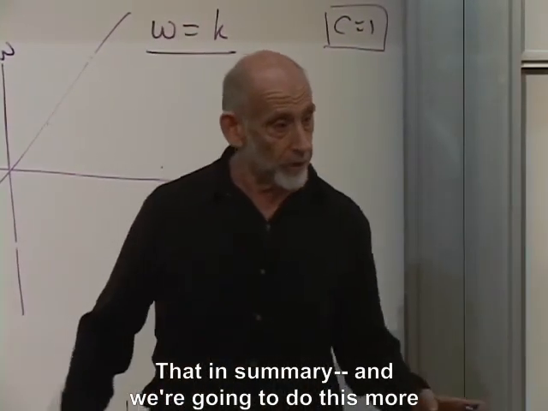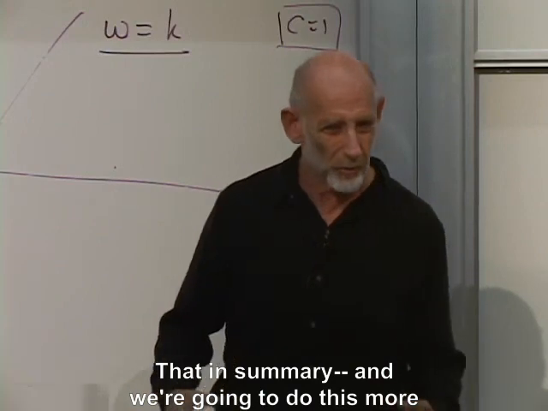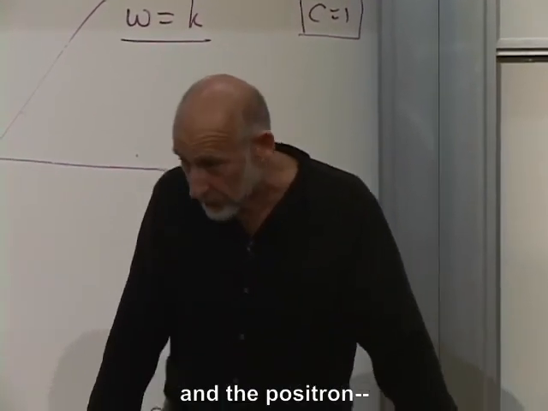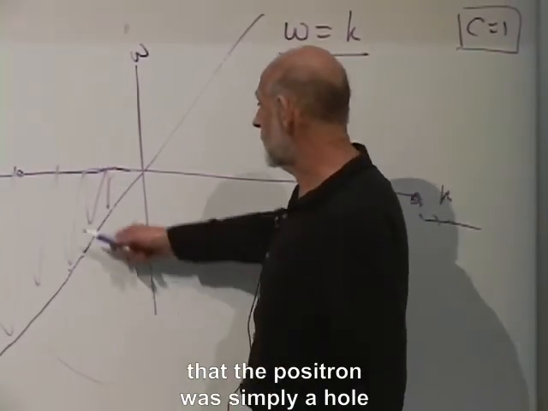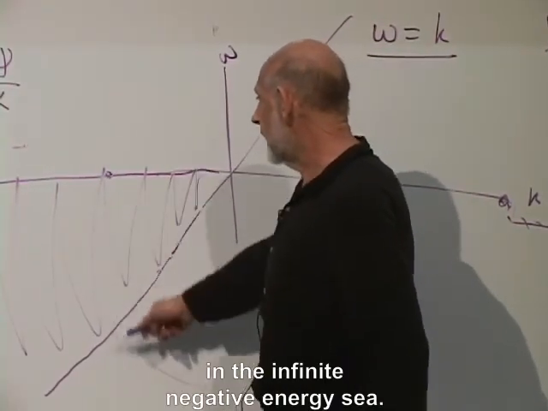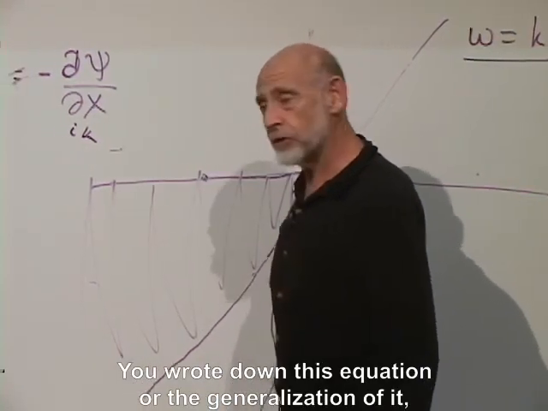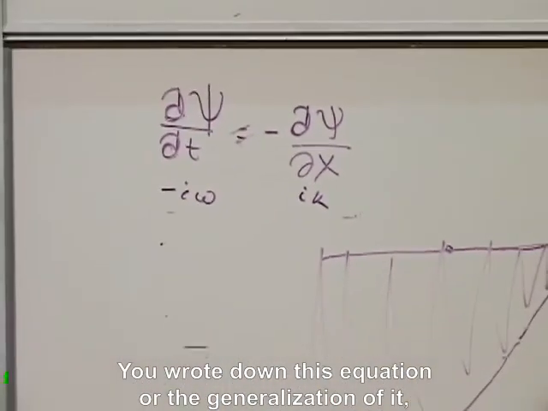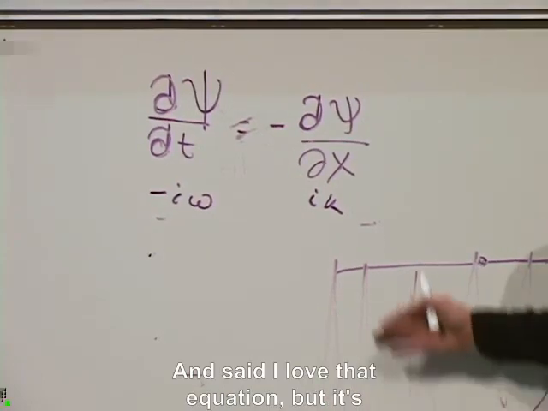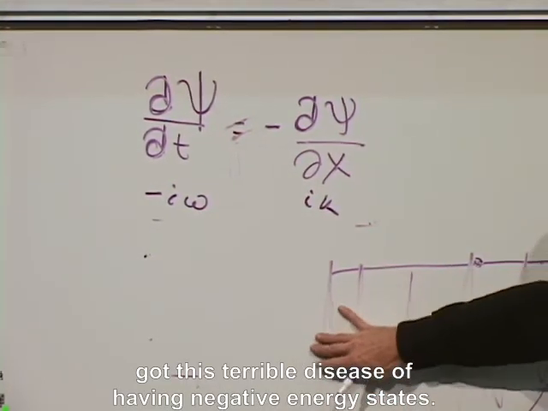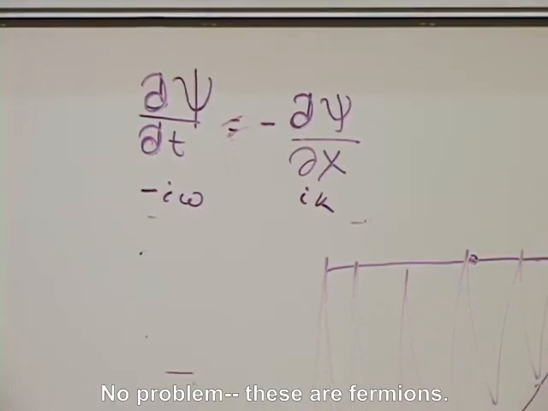That, in summary, and we're going to do this more completely, was Dirac's theory of the electron and the positron, that the positron was simply a hole in the infinite negative energy sea. He wrote down this equation, or the generalization of it, looked at it and said, I love that equation, but it's got this terrible disease of having negative energy states. No problem, these are fermions.